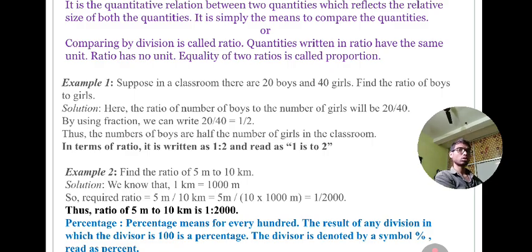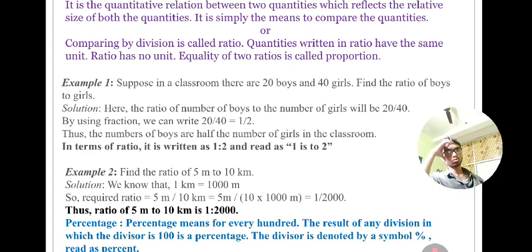So 1 upon 2 is telling you that the number of boys is just half of the girls. Solution: the ratio of the number of boys to the number of girls will be 20 upon 40. By using fractions, we can write 20 upon 40 as 1 upon 2. Thus, the number of boys is half. This ratio is showing that.